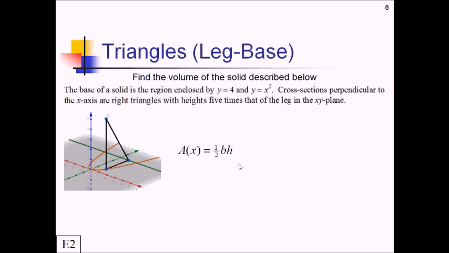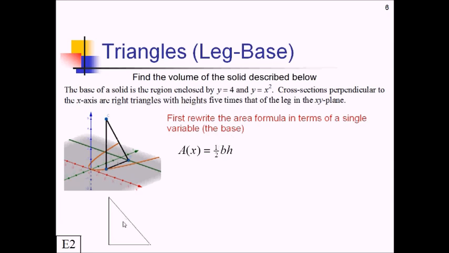So when you have area formulas with more than one variable, it's a really good idea to rewrite the area formula in terms of just one variable, hopefully the base, because that's the one we know the most about. So how can we do that in this situation? Well, let me just give a two-dimensional model of our triangle. We have some base down here that we can actually express in terms of x, and then we have this height that we can't so much.